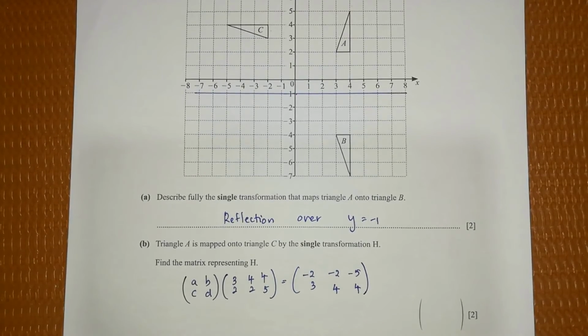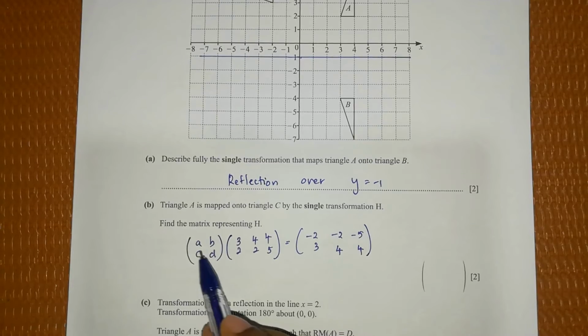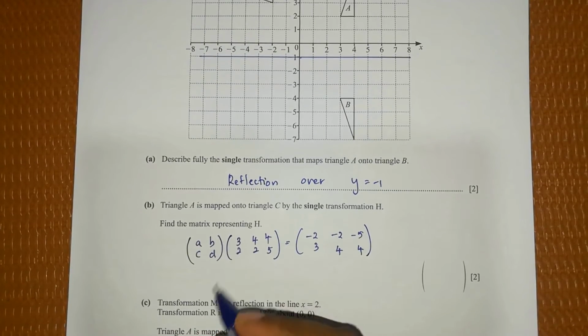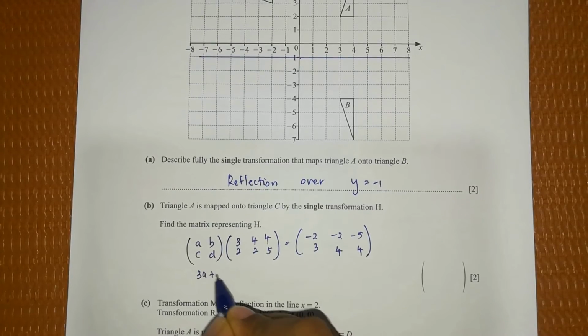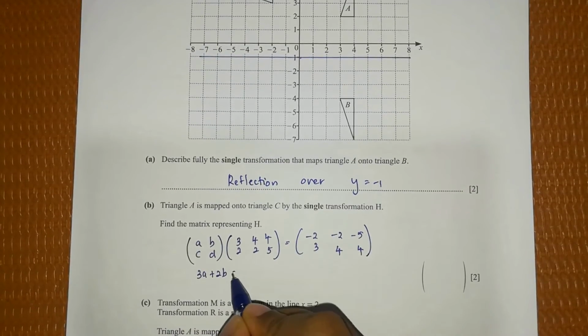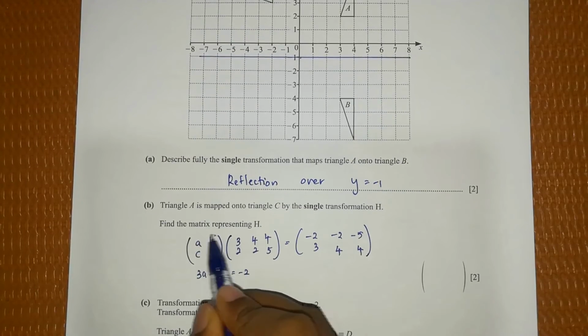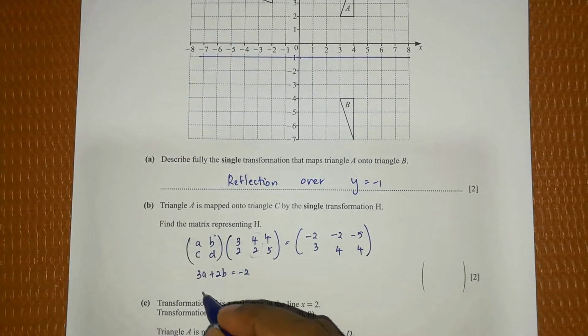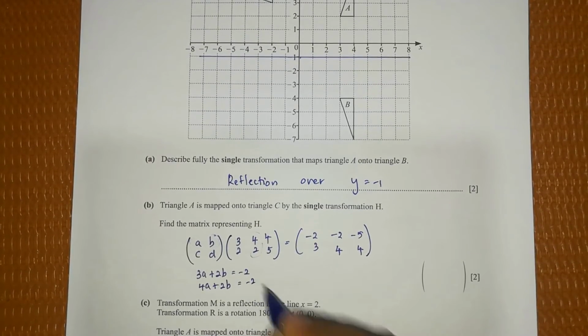After you write it like this, you have to do a small thing. That's really easy. You consider the matrix multiplication, row and the column. 3a plus 2b is equal to negative 2. Here again, this one with this. 4a plus 2b is equal to negative 2 again.